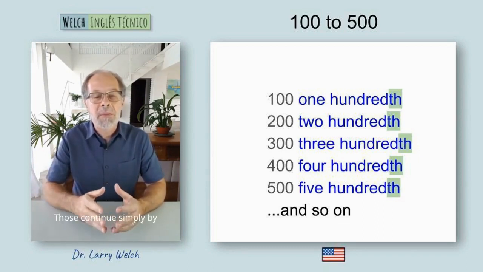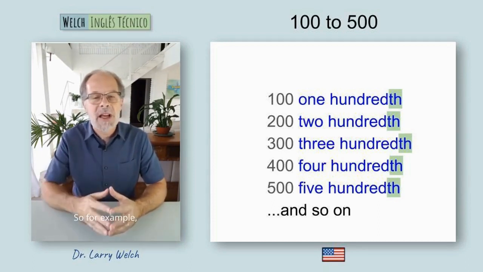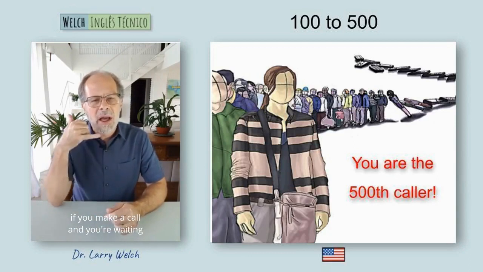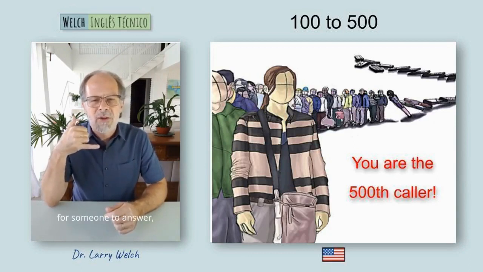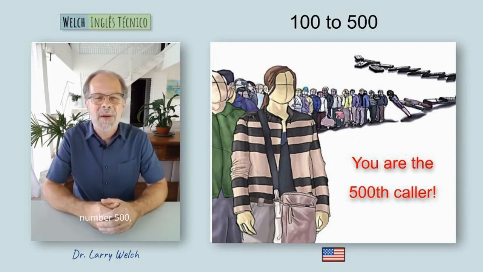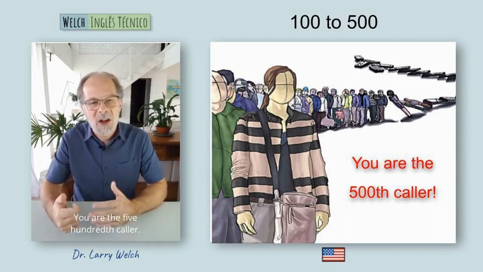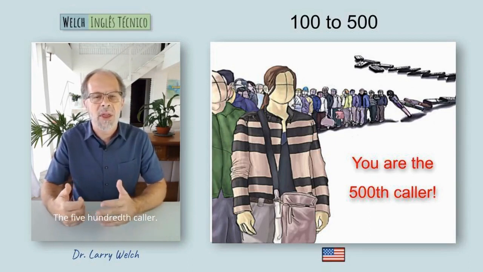Those continue simply by placing th at the end. So, for example, if you make a call and you're waiting for someone to answer and they say that you are number 500 in line, you are the 500th caller.